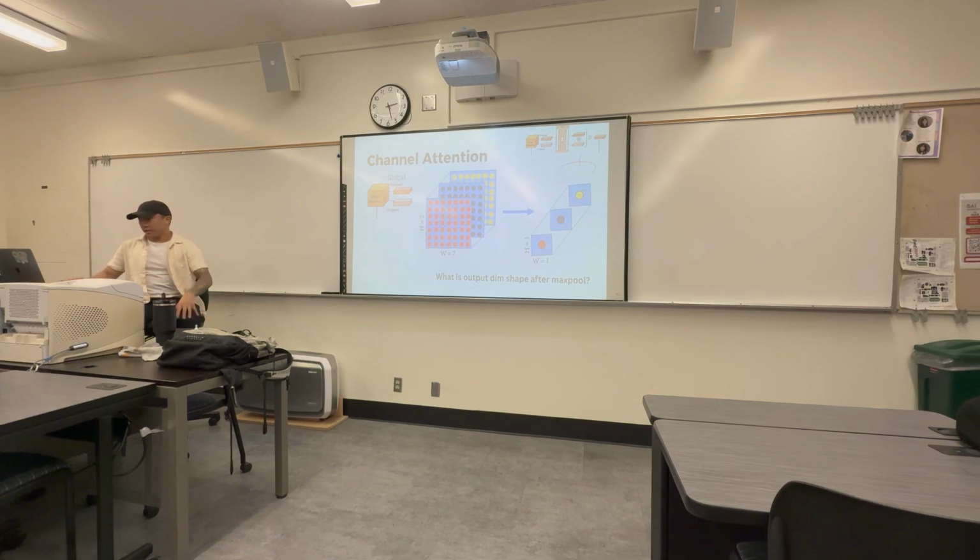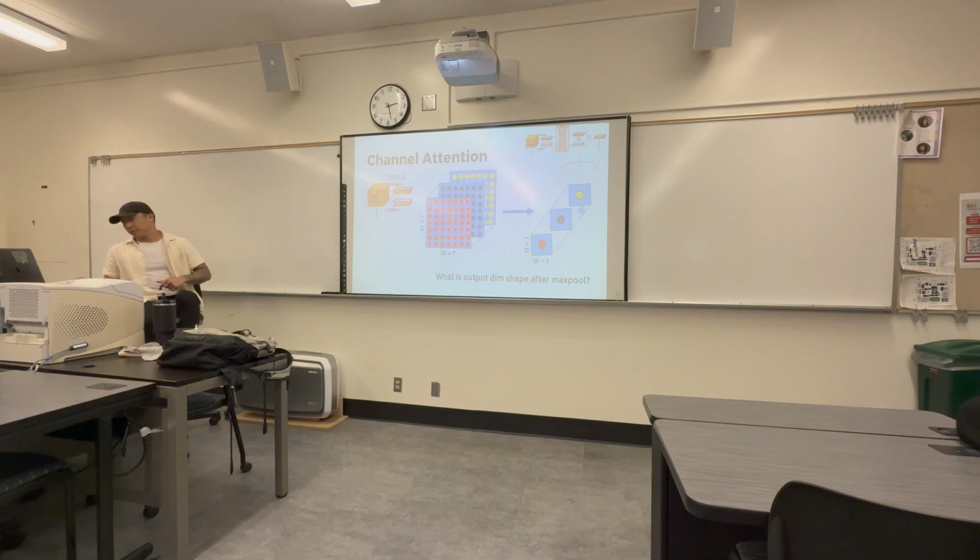If we have in this example a 7x7 by 3, we're going to take the global max pool or global average pool. These are aggregators that turn a matrix into a scalar, the output of which is one single number. So it's going to be a 1 by 1 by 3 in this example, and we're doing that for a max and an average pool.